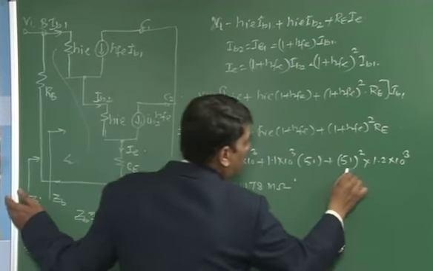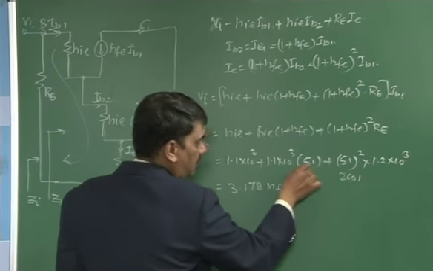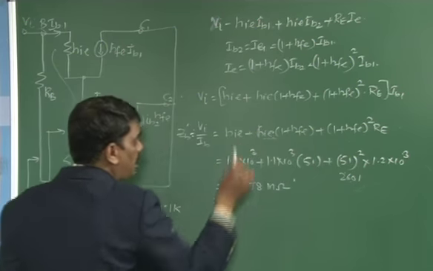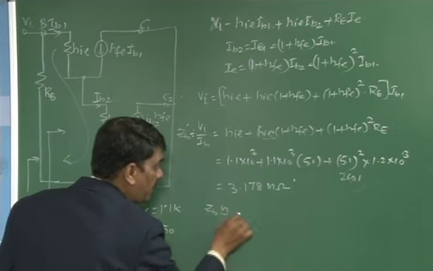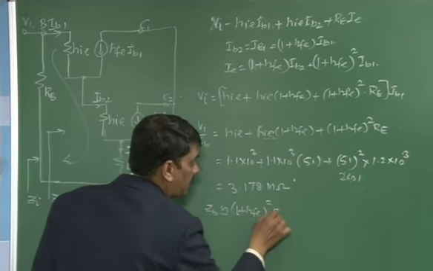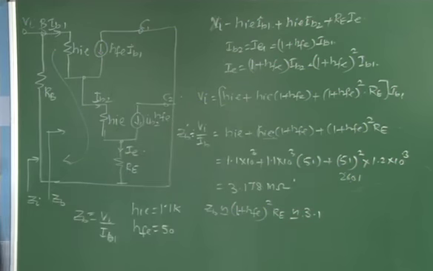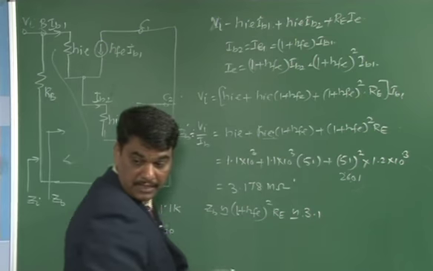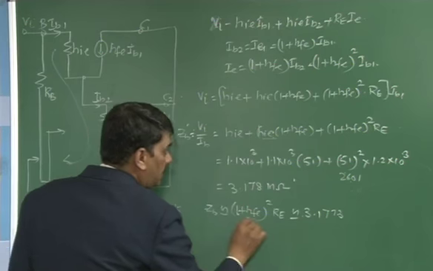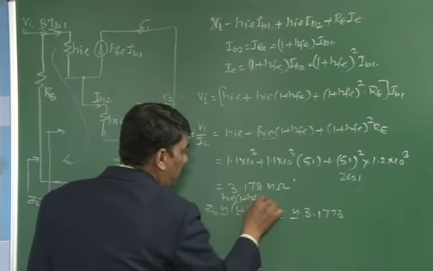With hfe equal to 50, 51 squared is approximately equal to 2601. This value is much greater than 1 plus hfe, and this term is much greater than hie. Then ZB is approximately equal to 1 plus hfe whole squared times RE, which is approximately 3.1773 mega ohms.